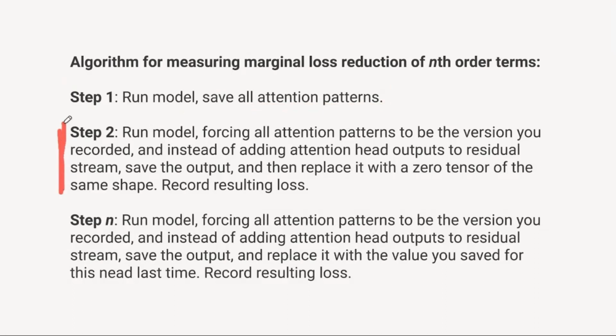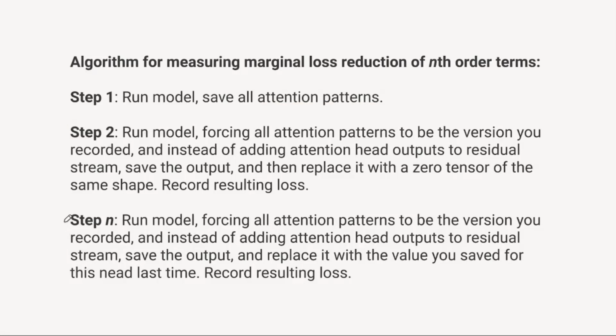But instead of adding the attention head outputs to the residual stream, you save them and replace them with 0. So you record what the attention heads would have added to the residual stream, but add 0 instead, and you record the loss. That's just calculating the direct path contribution.